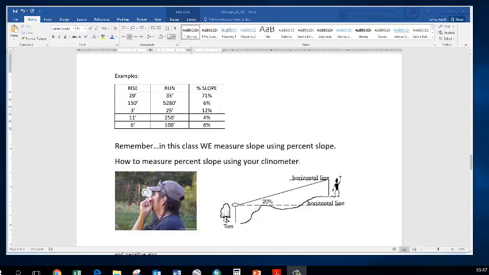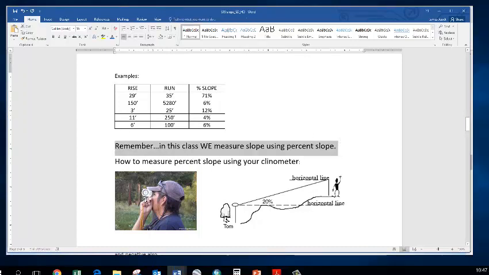We never, ever use slope distances. However, when we're in the field, that's sometimes the only thing we can measure is slope distance. All right, so we're going to get to that. How do we convert slope distance to horizontal distance? The tool that we tend to use is not a degree slope tool. It's a clinometer, and when you get it, you're going to see that it is in percent slope.